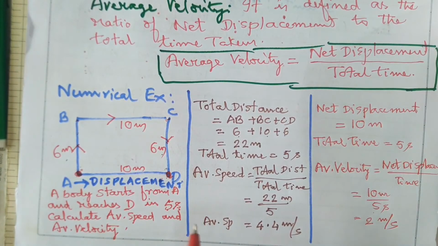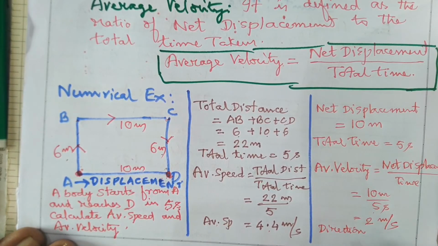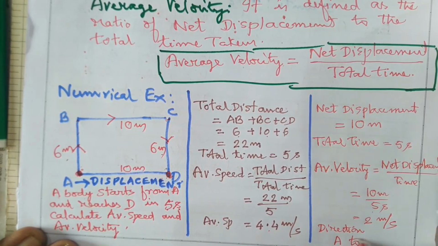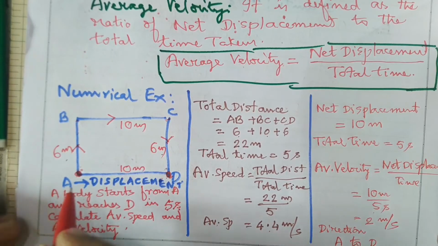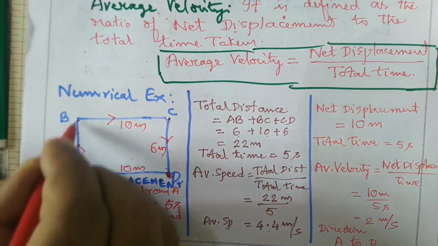Observe carefully. This is the average speed. This is the average velocity. Whenever you calculate the average velocity, you must mention the direction. The direction is from A to D. You have seen the direction of the displacement is A to D. Remember, the object has not moved along A to D. It has moved like this only.